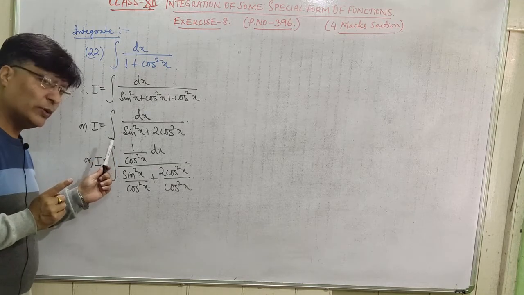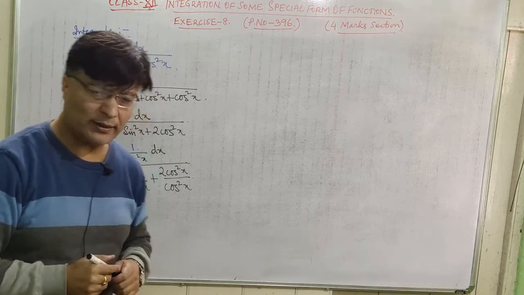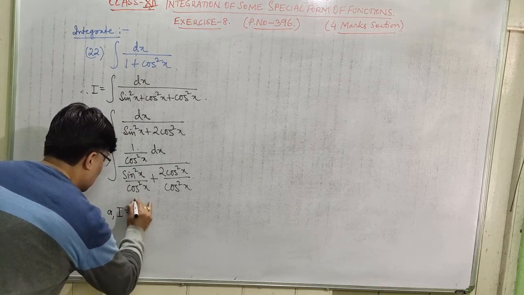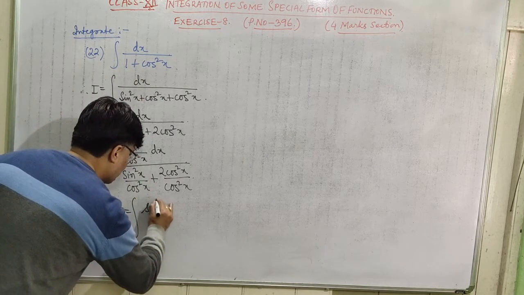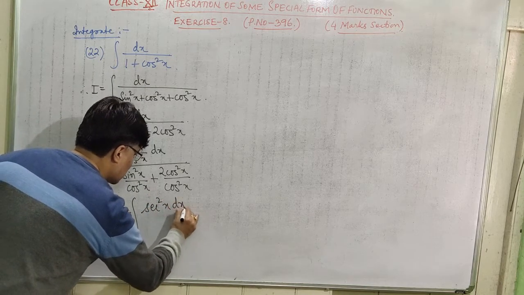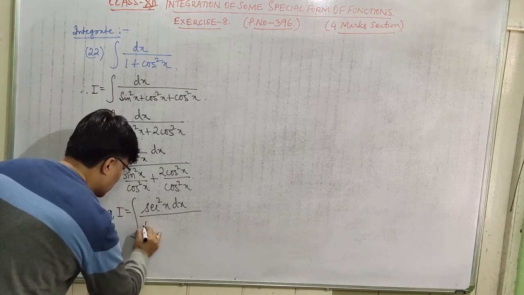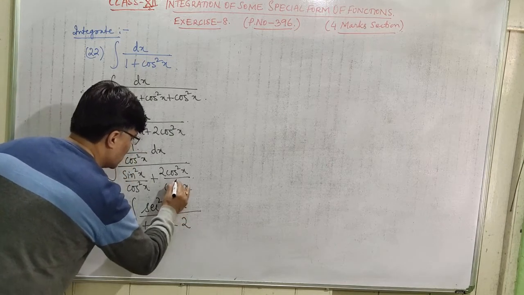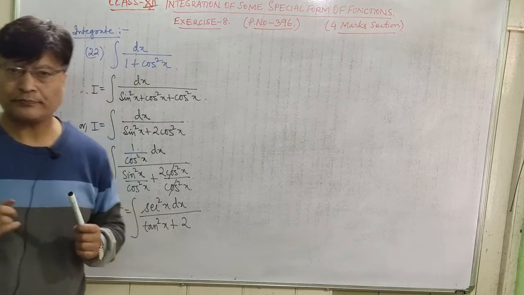That means we are dividing both the numerator and the denominator by what? Cos square x. Okay? So let us simplify it. I is equal to integration of what is 1 by cos square x? It is sec square x dx divided by what is sin square x by cos square x? This is your tan square x plus this is only 2 here, cos square x gets cancelled, right?